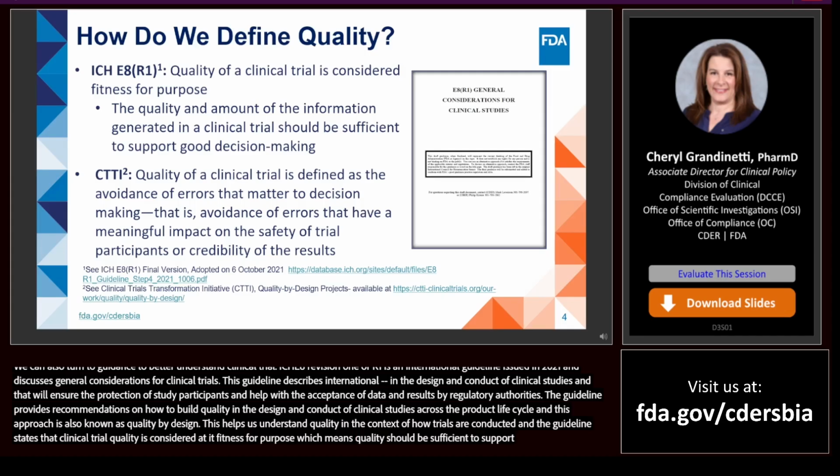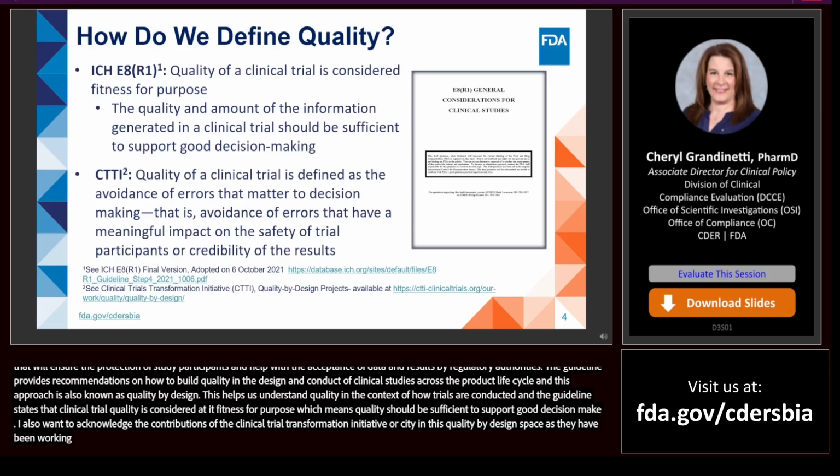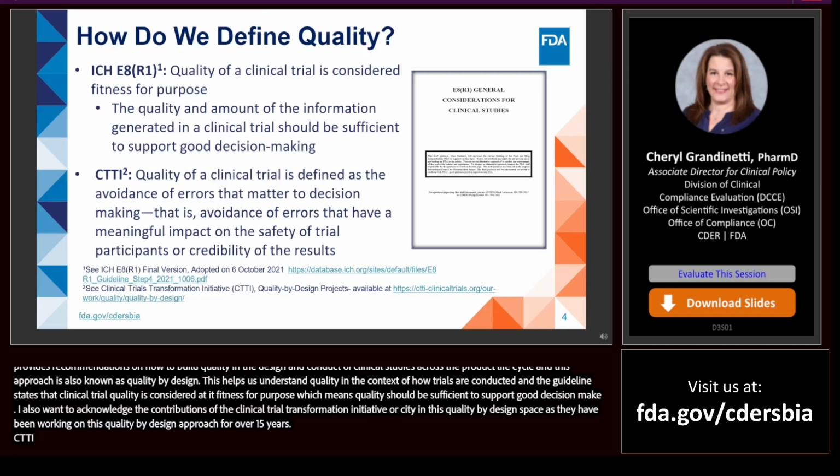I also want to acknowledge the contributions of the Clinical Trials Transformation Initiative, or CTTI, in this quality by design space, as they have been working on this quality by design approach for over 15 years. CTTI is a multi-stakeholder public-private partnership that was founded by FDA and Duke University in 2007.